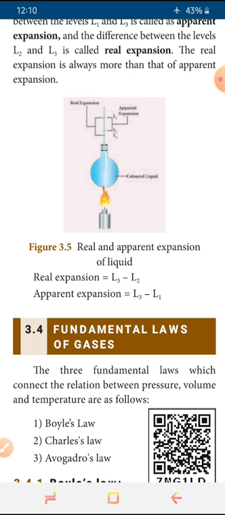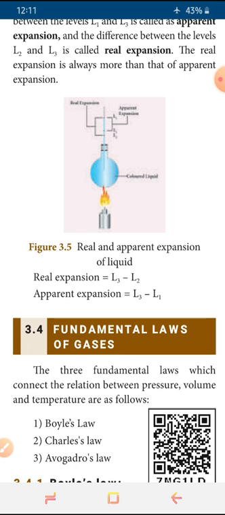Normally, we know this is called capillarity, and we mark that level as L1. Inside the narrow tube, the liquid level is higher as compared to the liquid in the flask. The level is taken as L1.